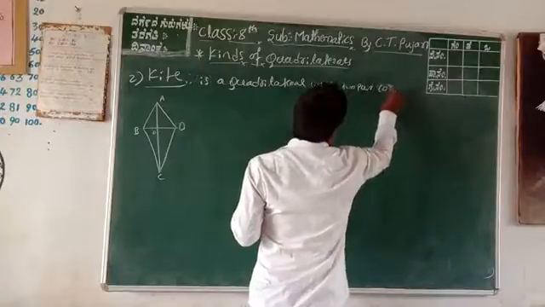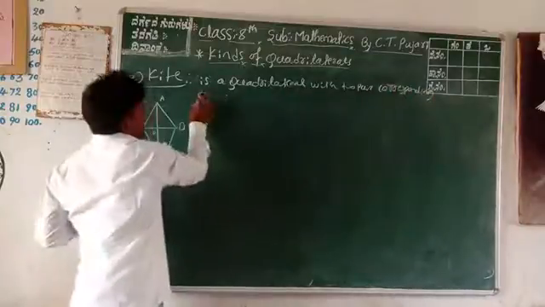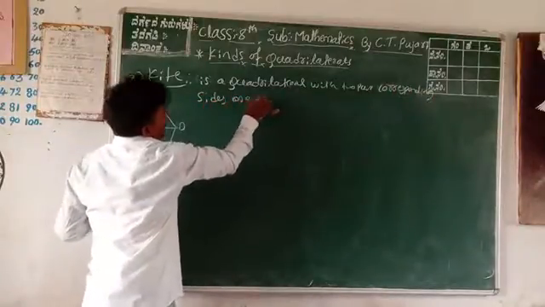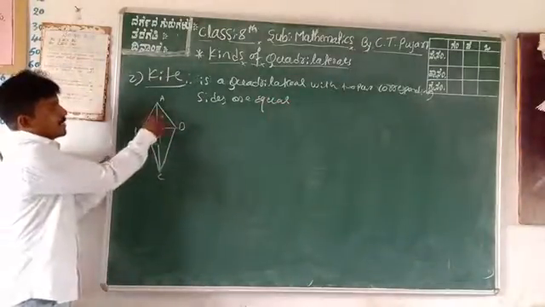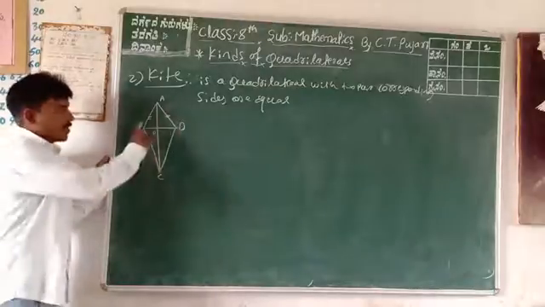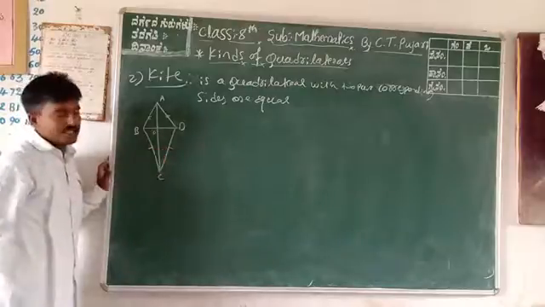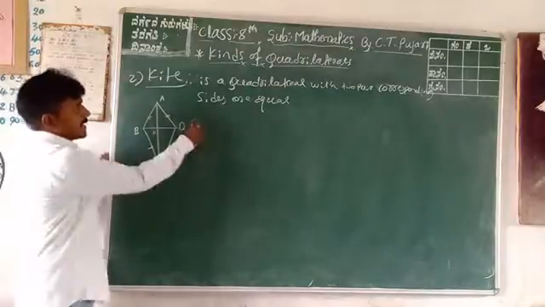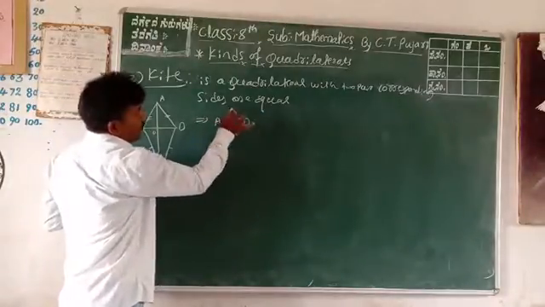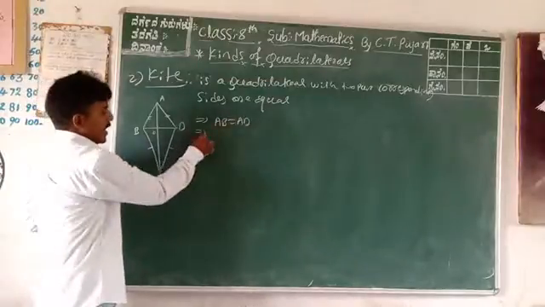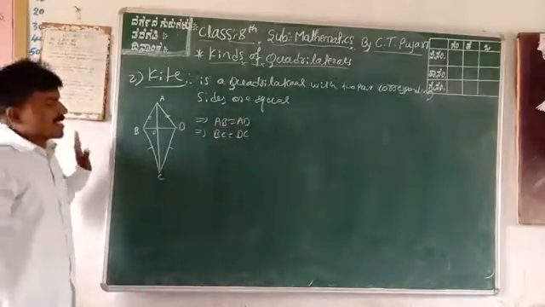What are the corresponding sides? AB is equal to AD. These two are corresponding sides. And also BC is equal to DC. These two are corresponding sides. The characters: one, AB is equal to AD. Second, BC is equal to DC. Next, the diagonals are not equal.